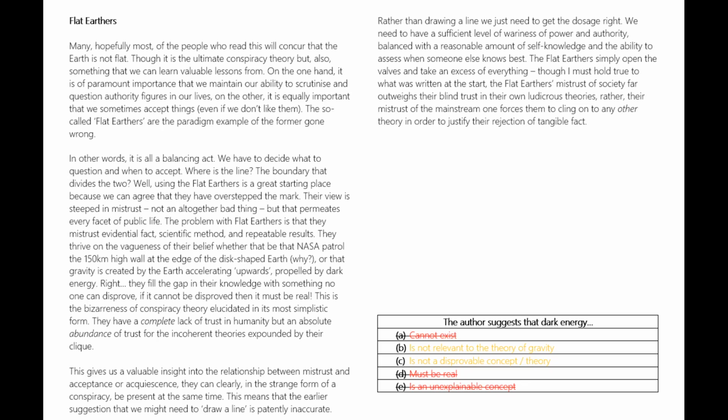Well, how can we know that something which has not been disproven is irrelevant to gravity? It may be that, if proven, dark energy turns out, however improbable, to go some way to explaining the mechanics behind gravity. After all, gravity itself is only a theory anyway. So, although this is a tricky question, I think we can be more confident that C is the right answer.